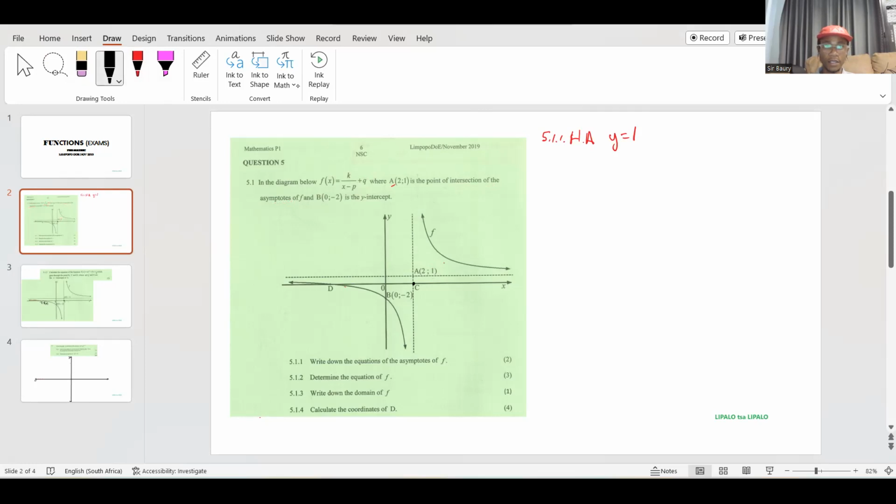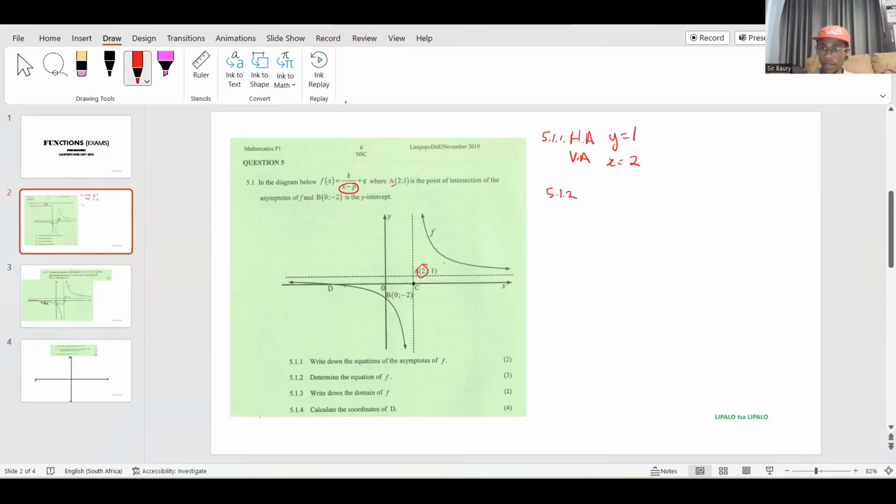Then I look at the vertical asymptote. Do you remember from the equation, you equate the denominator to 0, so it's going to be a different sign when you put it into the equation. But as an asymptote, it's going to be x is equal to 2.